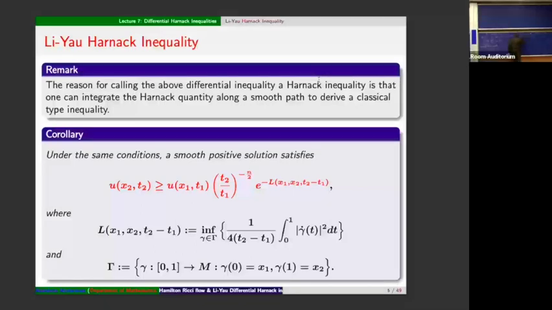We define the length L of gamma as the infimum of this integral, with respect to the metric of the manifold g, to the power of half, integrated over the interval with respect to dt.